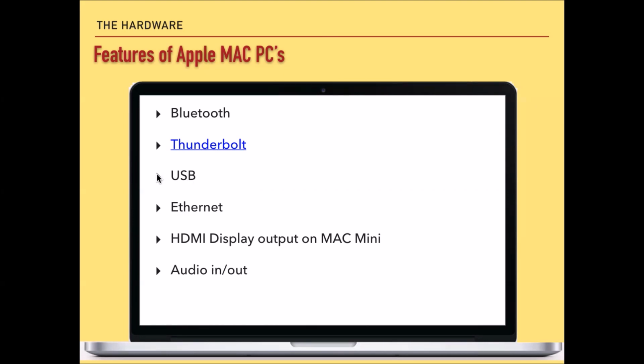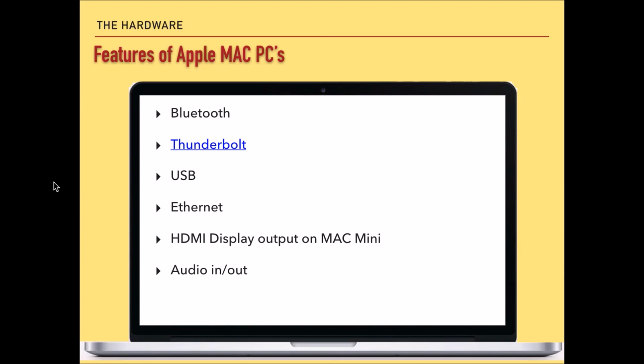Typically, there are only 2 of those on the MacBook Pro. The newer MacBooks only have 1, and that is a USB-C connection. If you want to put a lot of different things on it, you're going to need a USB extender of some kind.